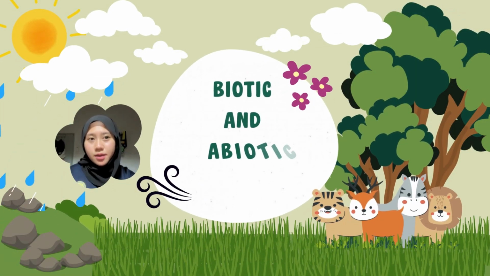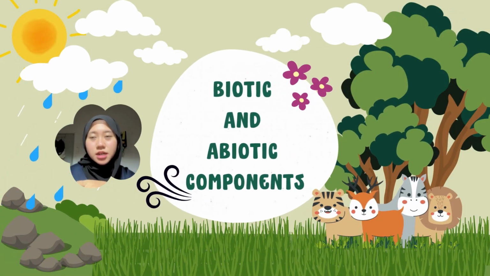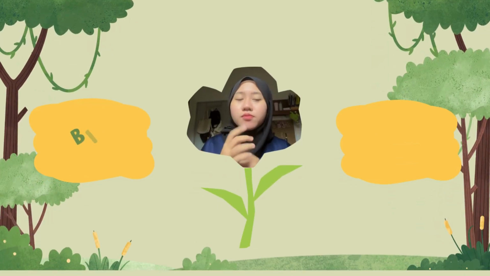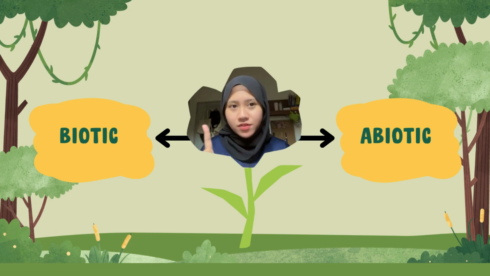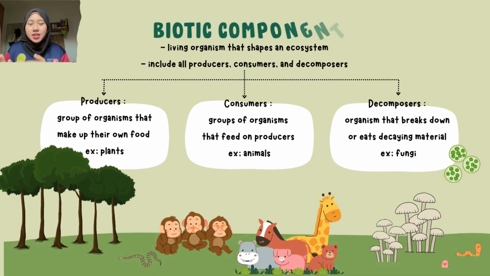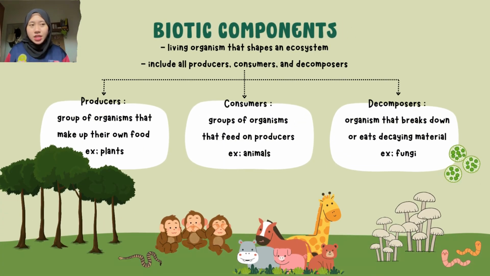Okay, so here I am, Putri Najwa, going to explain the biotic components and abiotic components of the oil palm tree. But what are biotic and abiotic components? We go through the biotic first. Biotic is a living organism that shapes an ecosystem, where it includes all producers, consumers, and decomposers.